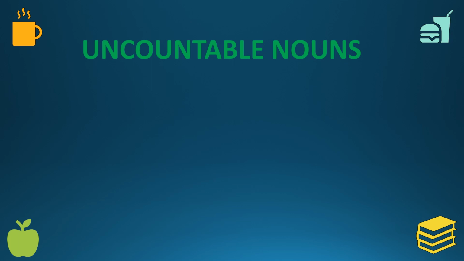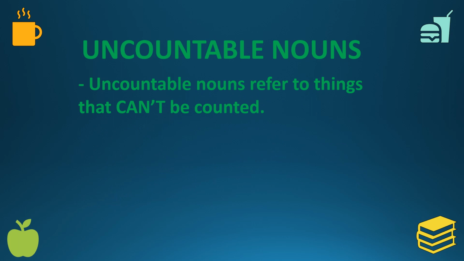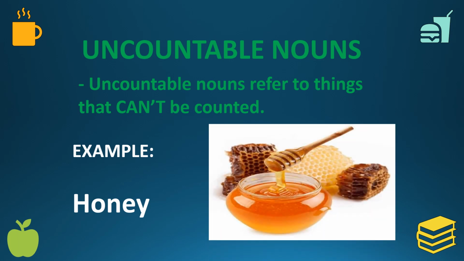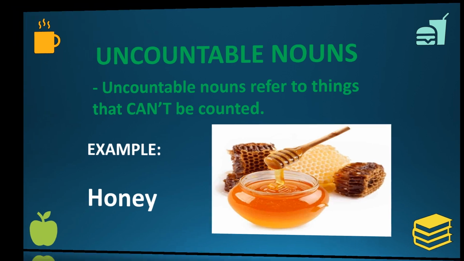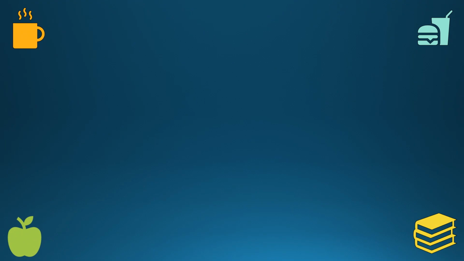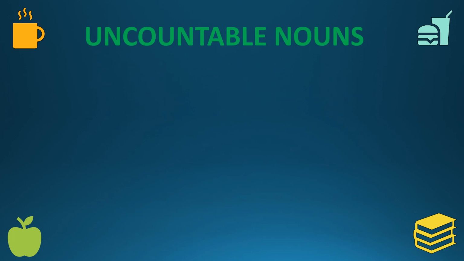Uncountable nouns. Uncountable nouns refer to things that can't be counted. Example: honey, uncountable nouns.